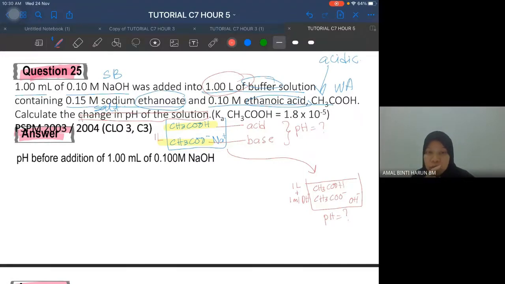Nampak? So yang kita nak cari adalah pH buffer, pH setelah tambah base. Okay, sebab dia tanya change kan. So kita kena cari initial pH. Okay. Sebelum kita tambah, before addition, kita kira dulu pH initial buffer.